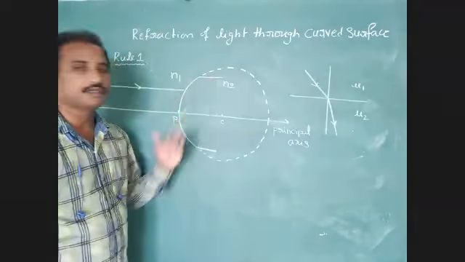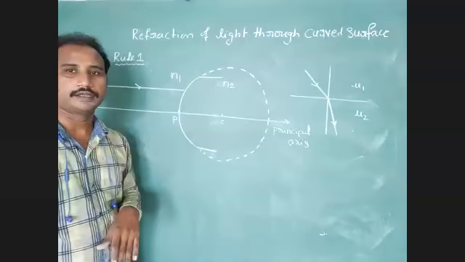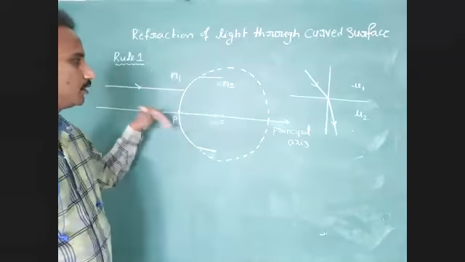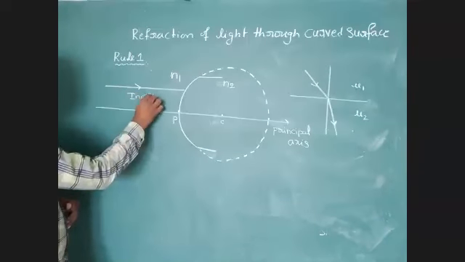Where is the normal in this condition? We know the incident ray direction is parallel to the principal axis. It represents the incident ray.